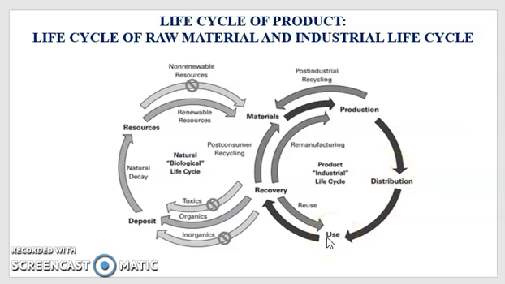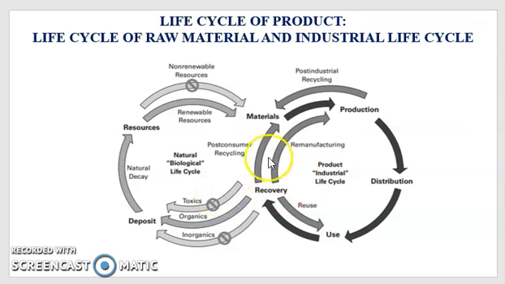At the end of the product's useful life, some materials can be recovered for recycling and reuse. The rest will be disposed of through incineration or deposited in the form of landfills. The natural life cycle corresponds to the growth and decay of organic materials.